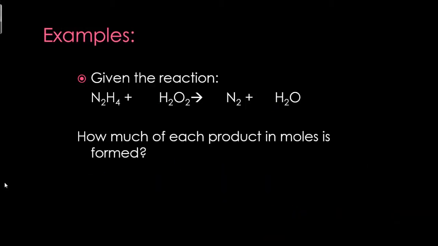For our last question, again using the same reaction, we have to use the same coefficients. It's going to balance the same way. This time I'm looking for how much of each product in moles. The nice thing is that it's already in moles. When we first determined the limiting reactant, we already determined N2.